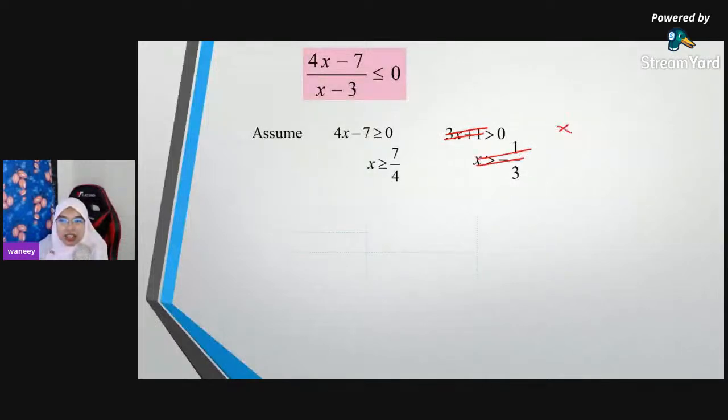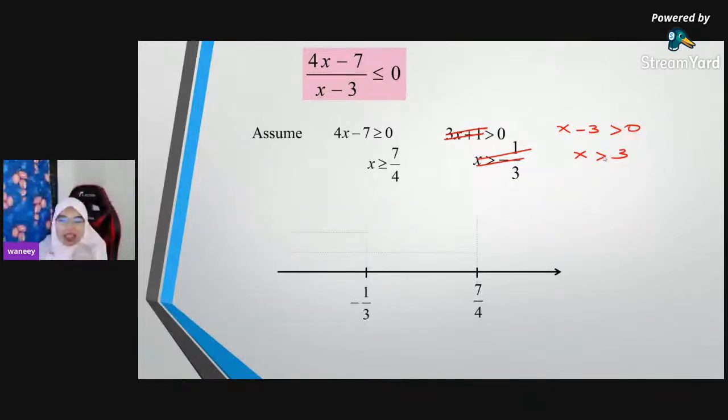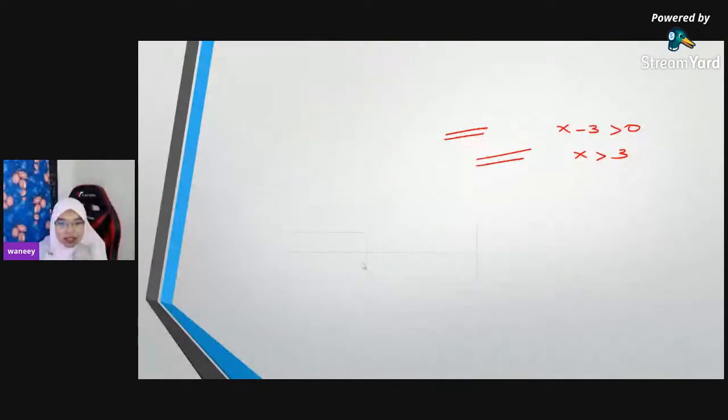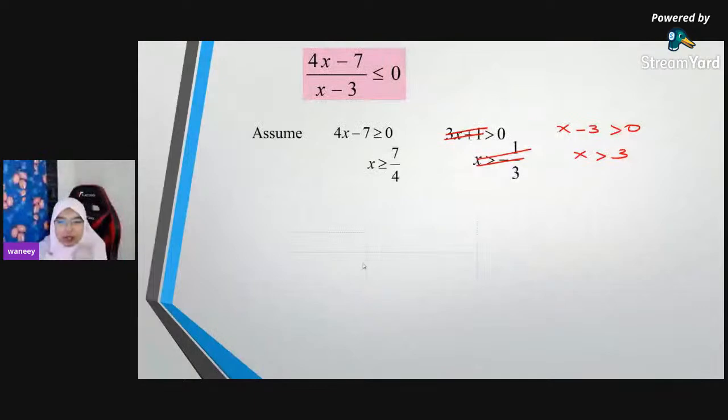X minus 3 greater than 0, x greater than 3. Mesti masa copy, lupa nak tukar. Oh, tidak. Itu kan x minus 3. Okay. Sekejap saya tukar.